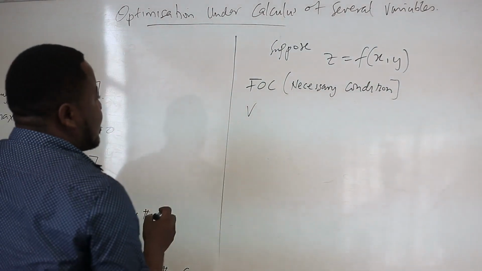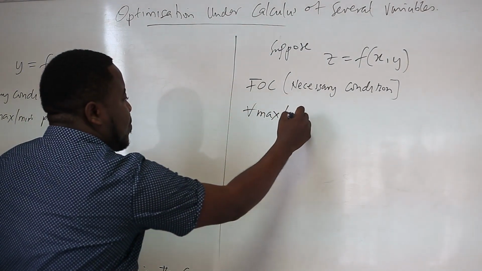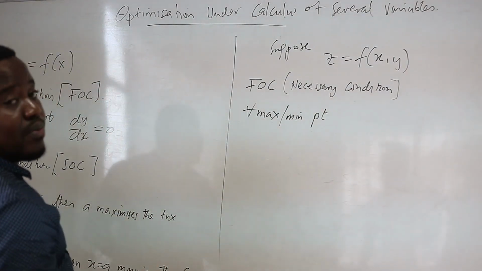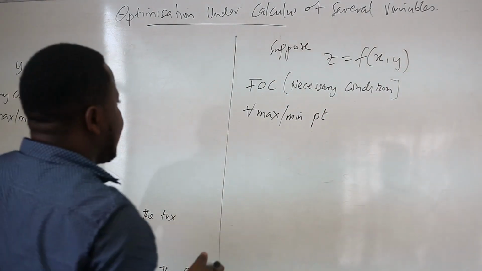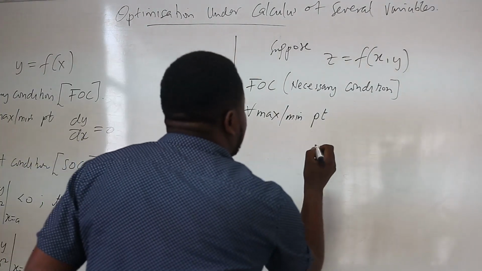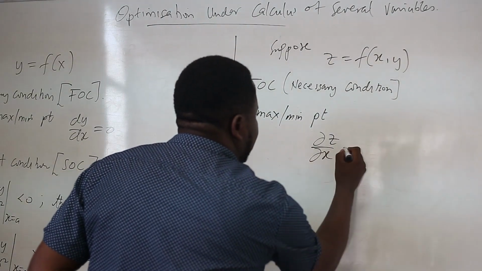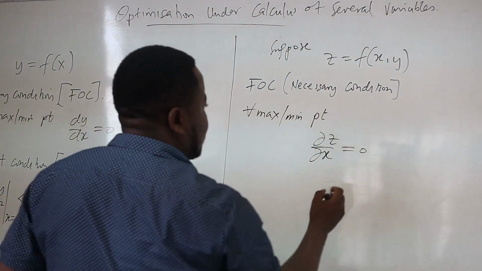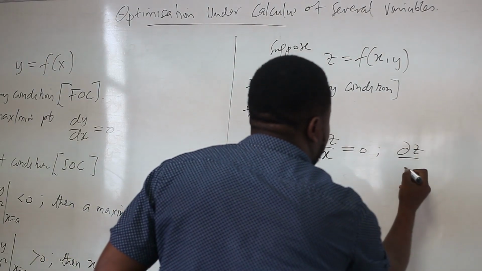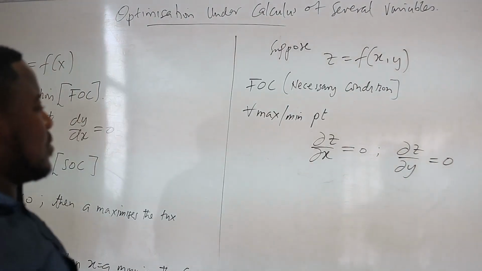The first order condition states that for any maximum or minimum points, and last week I said we have stationary points, we have turning points, for any maximum or minimum point, dz/dx should be equal to 0, and dz/dy should also be equal to 0.